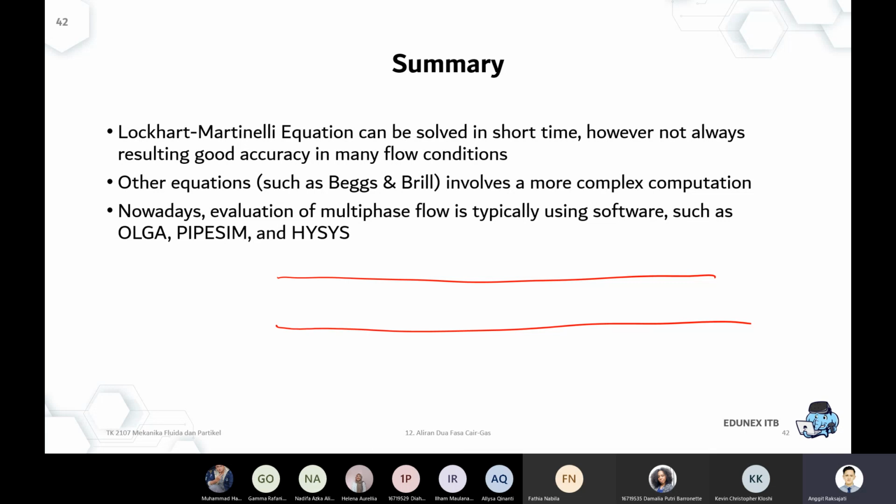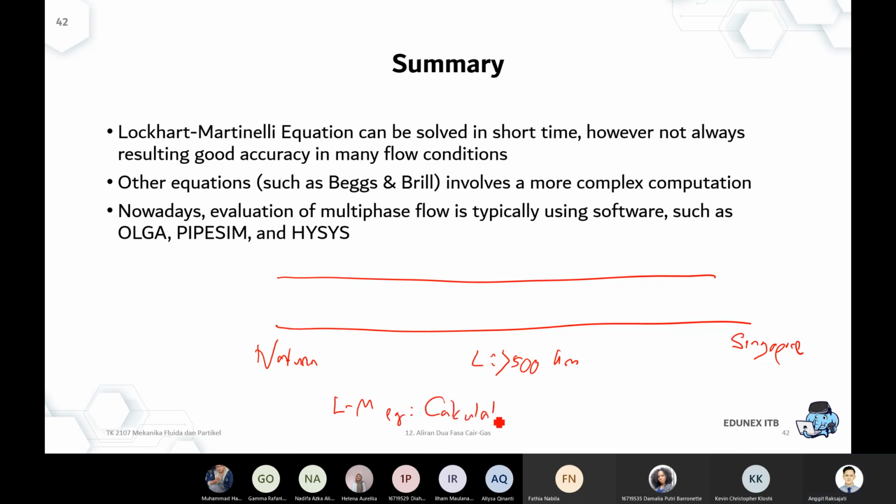Natuna offshore produces oil and gas, and it is sent to Malaysia and Singapore. It's more than 500 kilometers, I don't know the exact number, from Natuna to Singapore, for example.